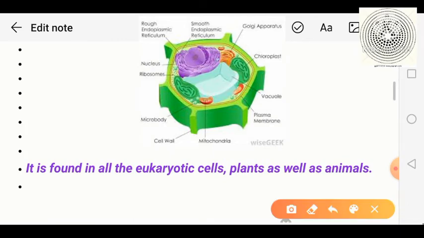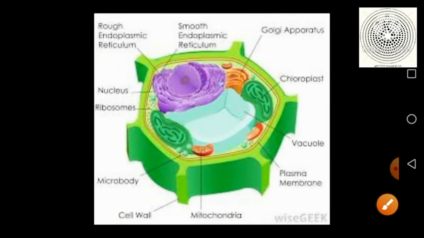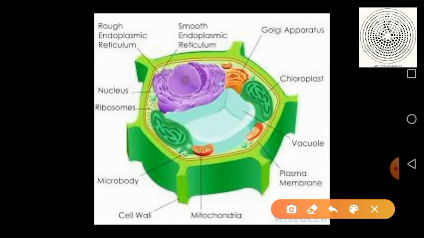As I told you, the Golgi complex is found in all eukaryotic cells. That is, it is found in a plant cell as well as inside the animal cell. Again, this picture explains where the Golgi complex is located inside the cell. Here all the cell organelles are shown.